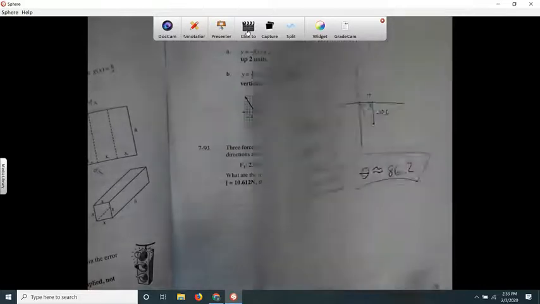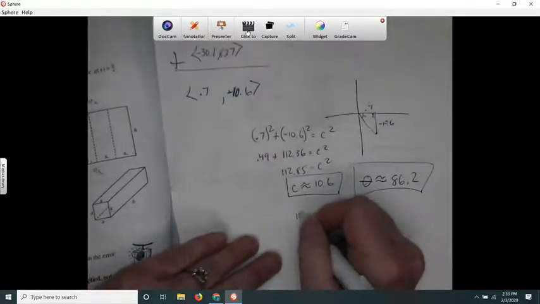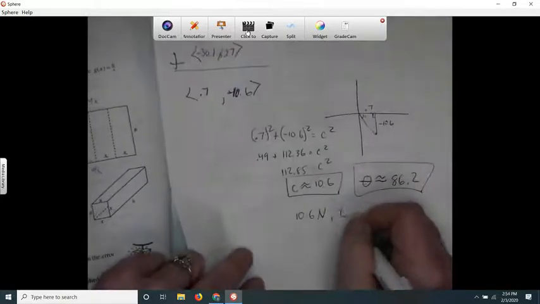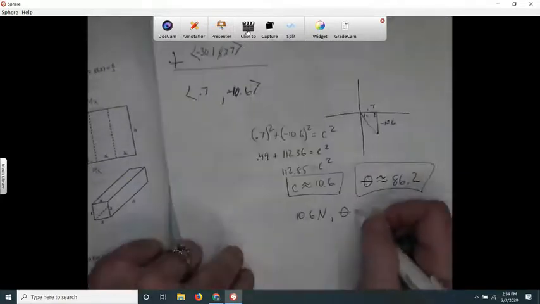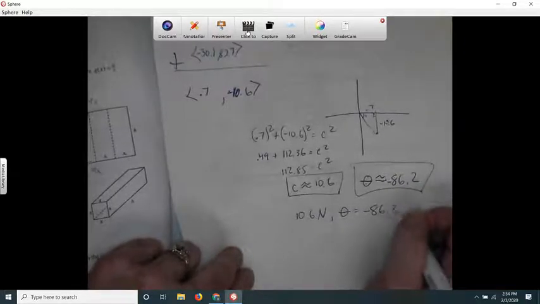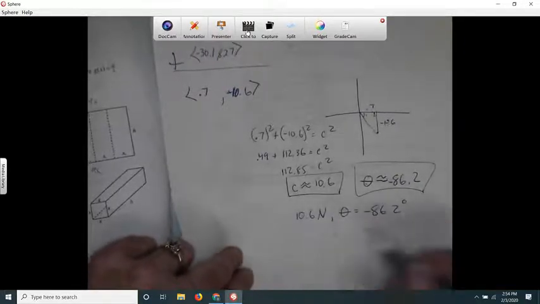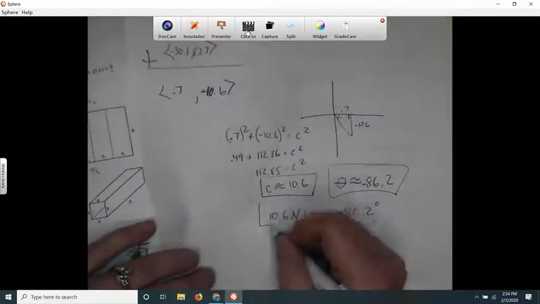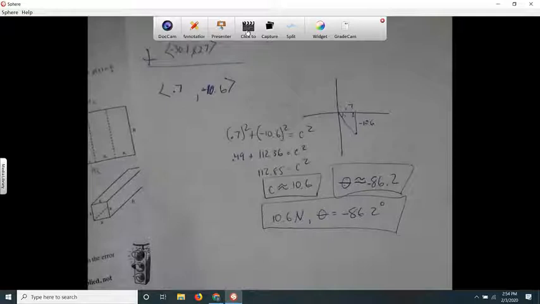So I have to write it like this. Oh, it was negative. Okay. Sorry that it takes forever to do those. I don't know any faster way to do those. Are there questions on that?